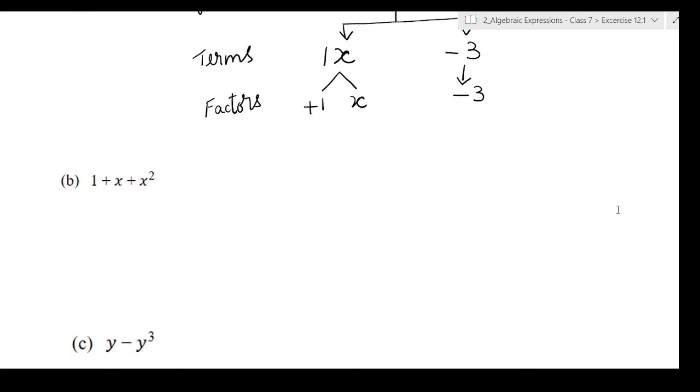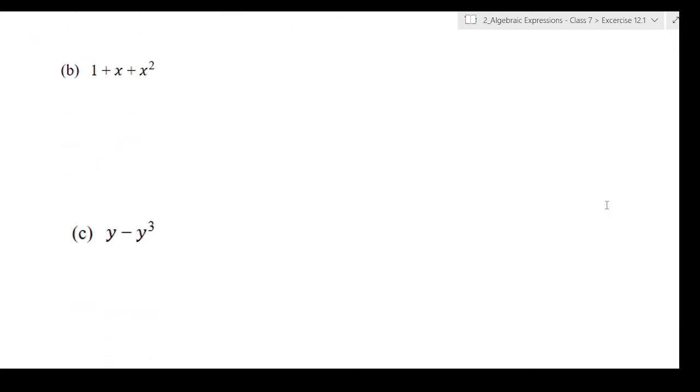The second problem is 1 plus x square. Now I'll write it over here. So you have 1 plus x square. Now this particular expression is made up of 3 terms. Which are the terms?